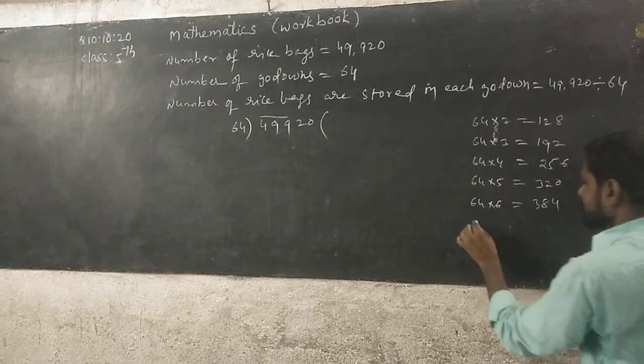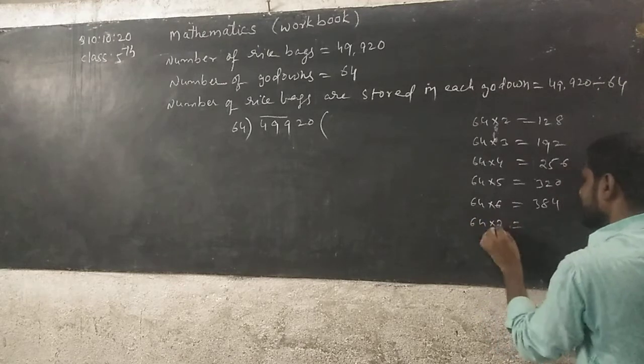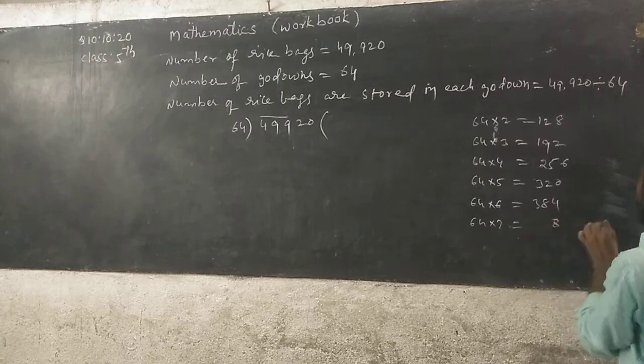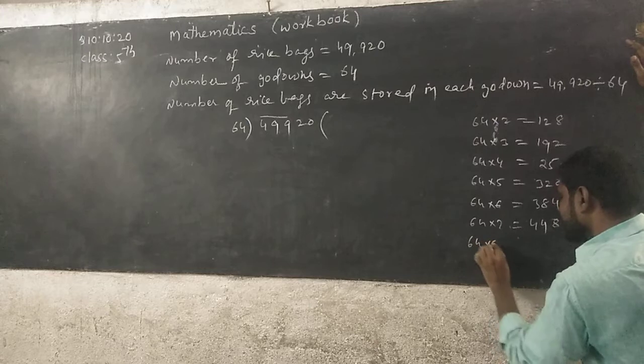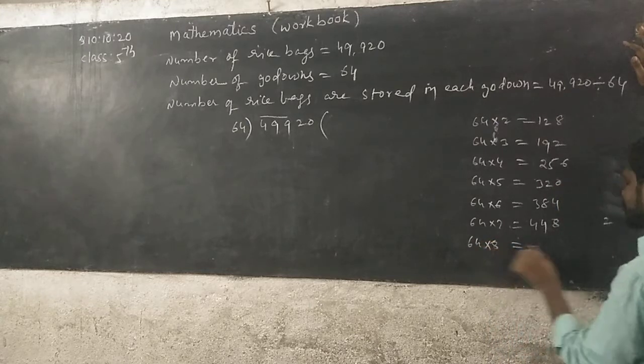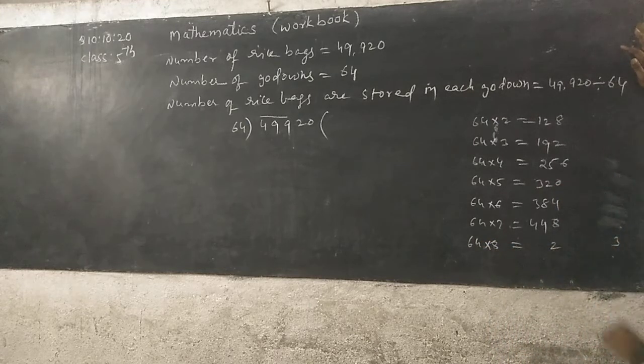Next 64 7s are 7 4s are 28, 8 taking carrying 2, 7 6s are 42 plus 2 is 44, 448.